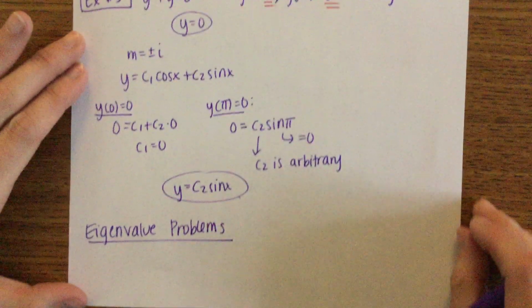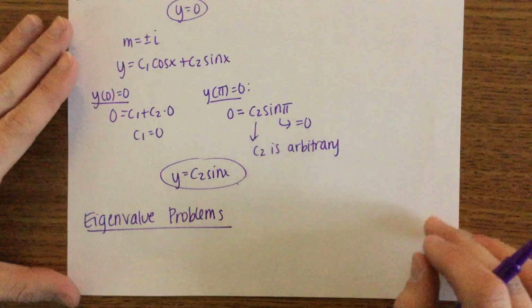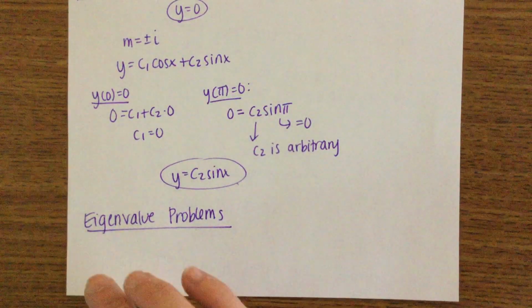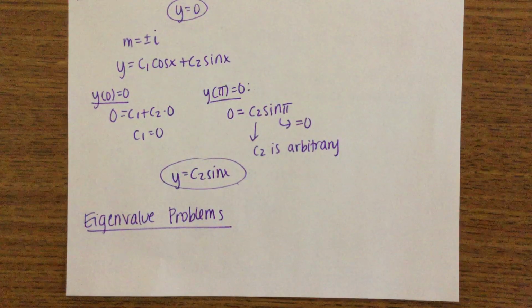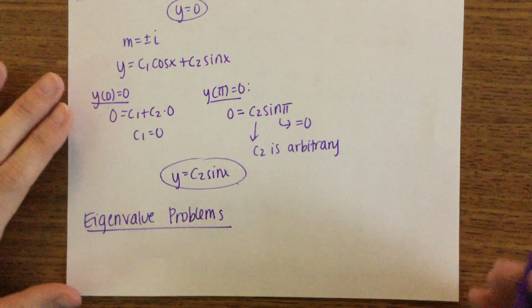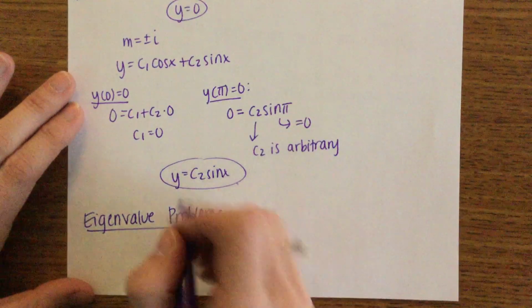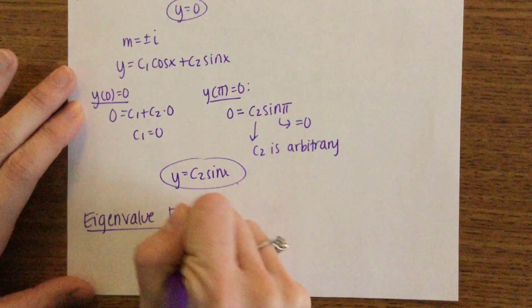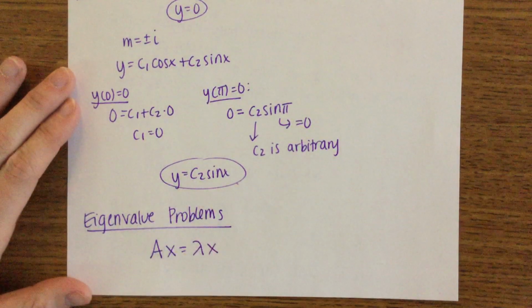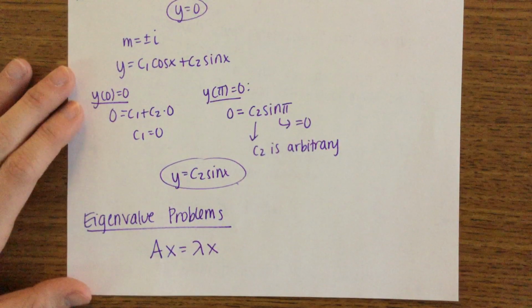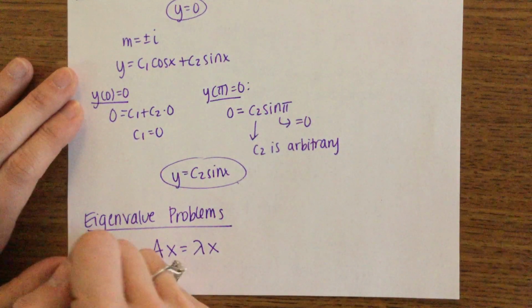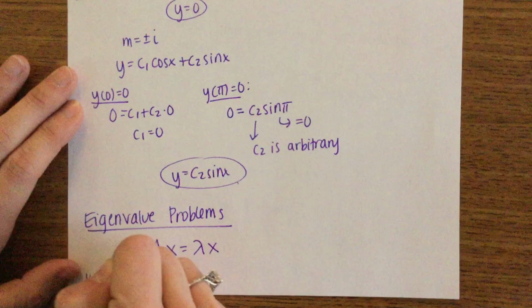Okay, so eigenvalues you already know how to find from 8.4. You're not going to be finding eigenvalues in this section the same way you did before. Instead, we're going to be considering the following type of equation. Ax equals lambda x. Here, lambda being your eigenvalues. So there are two different solutions here.